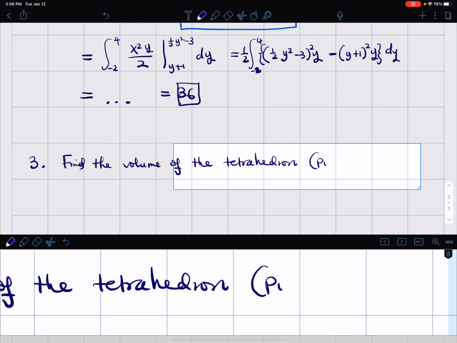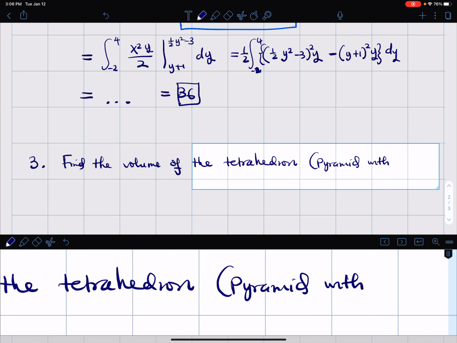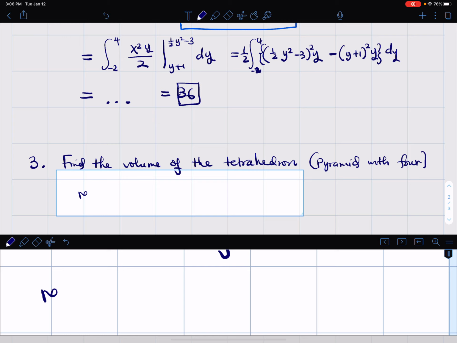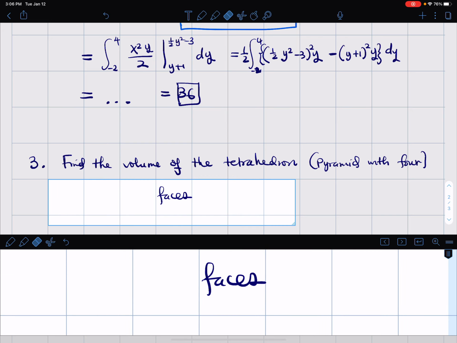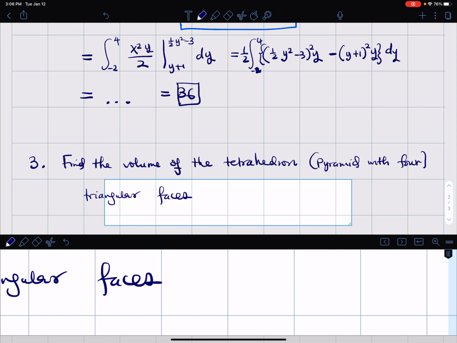A tetrahedron is just a pyramid with four triangular faces in this case, in the first octant, and I'll explain what that means.